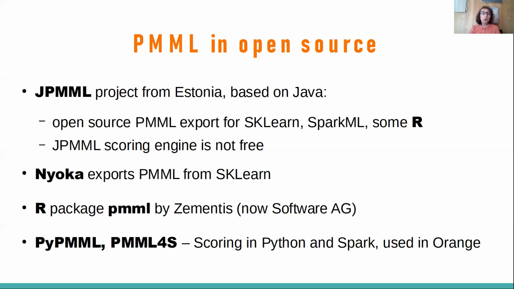And then if you want to score PMML in open source, there is this PyPMML package, which is a Python wrapper for PMML4S. PMML4S is a library in Scala, which does PMML scoring for many of the PMML models. And it is used in Project Orange, which is part of Linux Foundation AI Foundation.